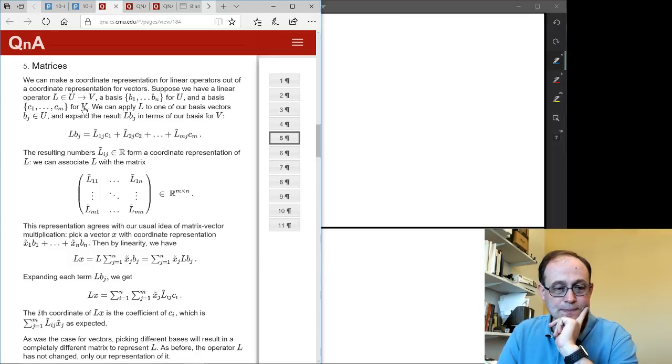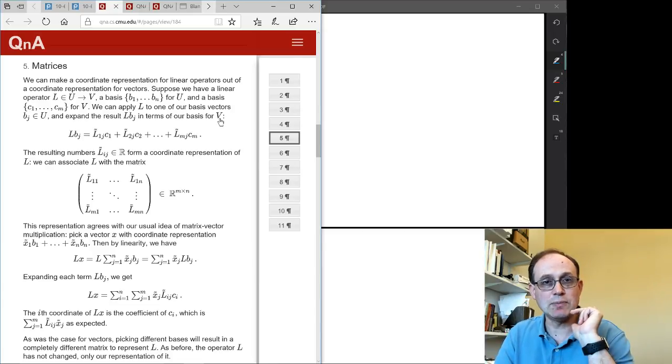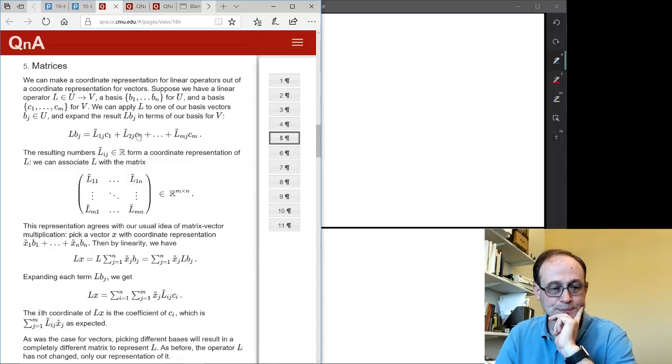All right, so we can take one of our vectors Bj that's in U and apply the linear operator L to it. And by definition, if we apply L to an element of U, we'll get an element of V. So the result is, we'll just call it L Bj. And this result, we can expand it in terms of our basis for V. We haven't said how to do that, but we know that there's a unique way to do it.